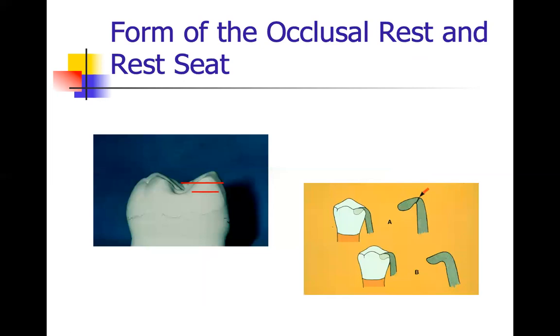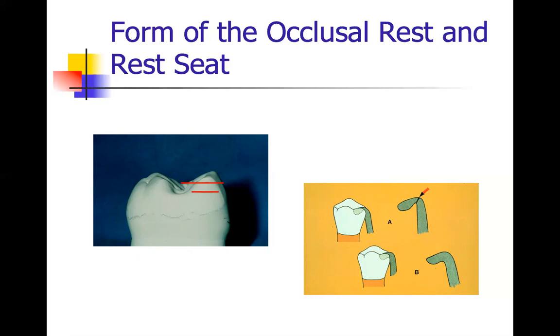The marginal ridge of the abutment tooth, this one, at the site of the rest seat must be lowered to permit a sufficient bulk of metal for strength and rigidity of the rest and the minor connector.